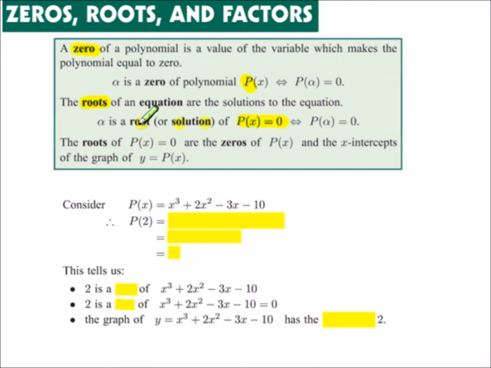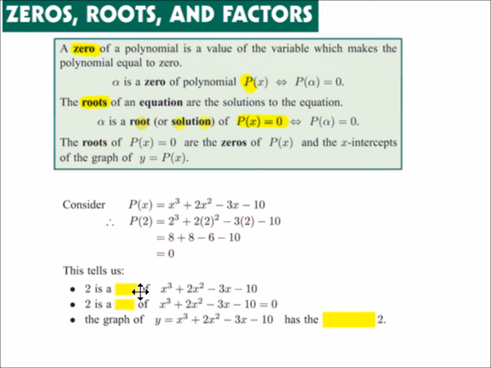Now if you've got the roots or the zeros, then in fact you also have the x-intercepts of the graph of that polynomial function. In our example here, p of x equals this cubic, and we're going to work out p of 2, substituting 2 in for x, and we end up with 2 cubed plus 2 times 2 squared, etc., which becomes 8 plus 8 take 16, which gives us 0.